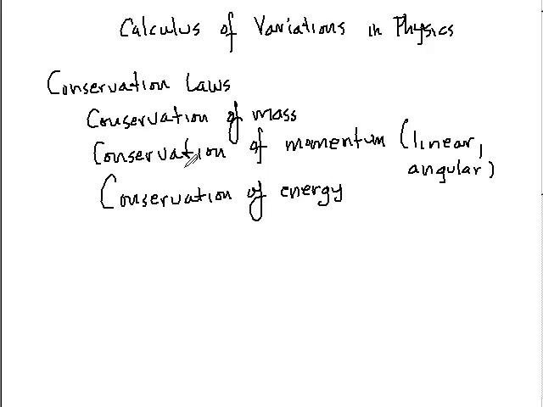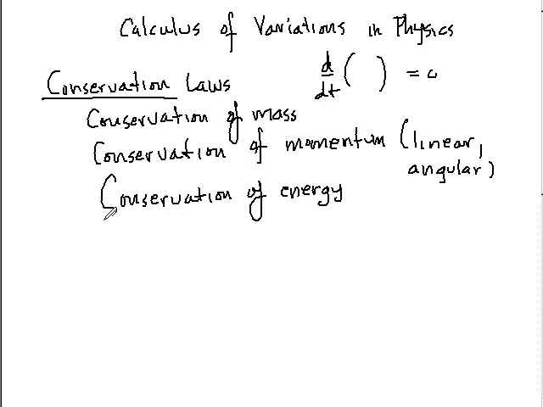And then you may also have conservation of charge, conservation of polarity, conservation of spin number, conservation of symmetry, a whole bunch of stuff. What a conservation law says is that something remains constant in time. So if I take the derivative in time of something, I get 0. That's what a conservation law says.